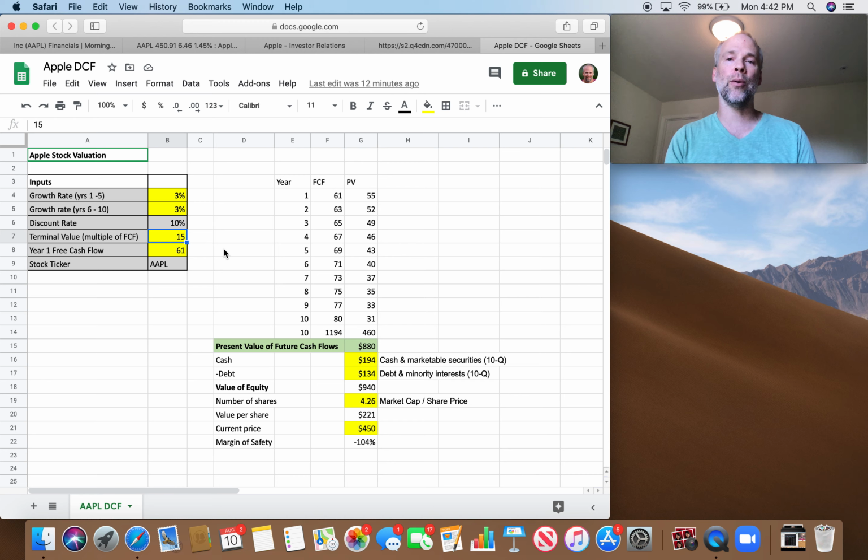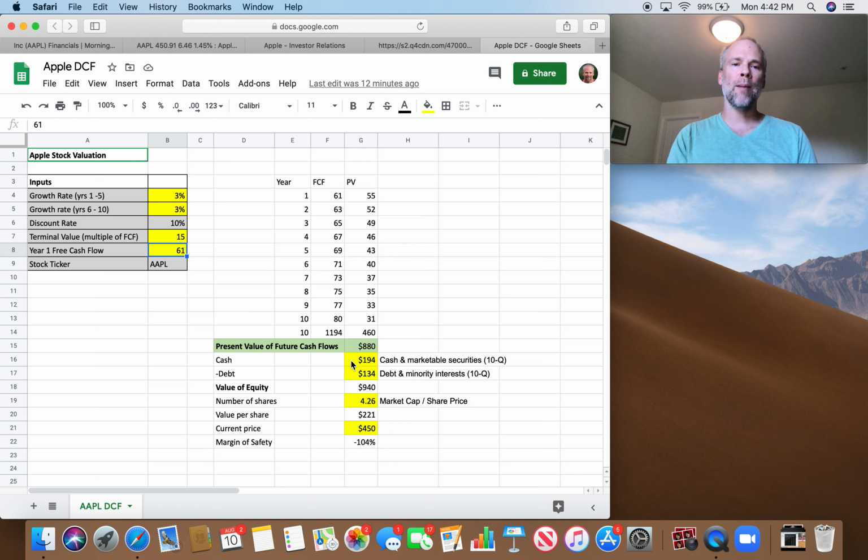And clearly Apple is a great business. So we're going to use a multiple of 15 to calculate the terminal value based on these year 10 free cash flows.